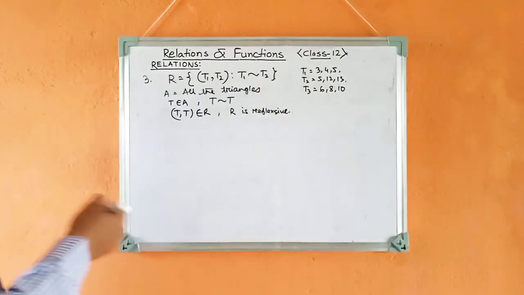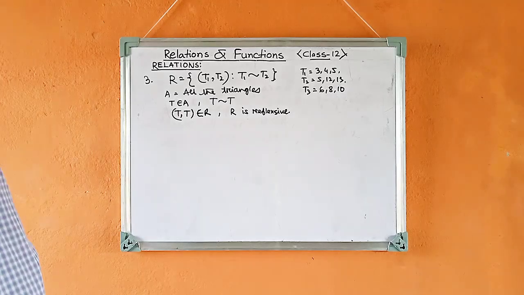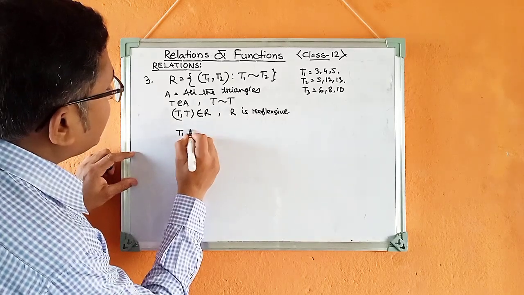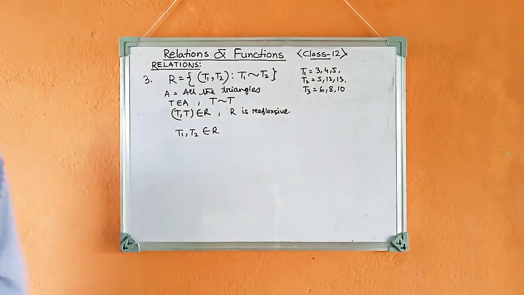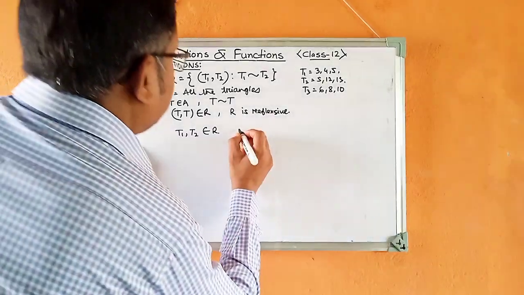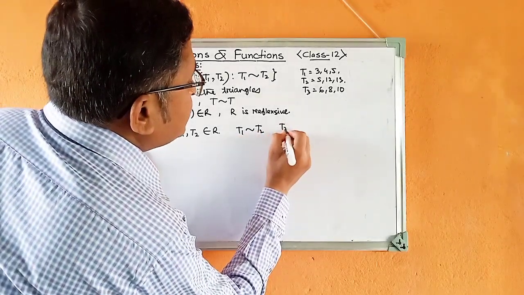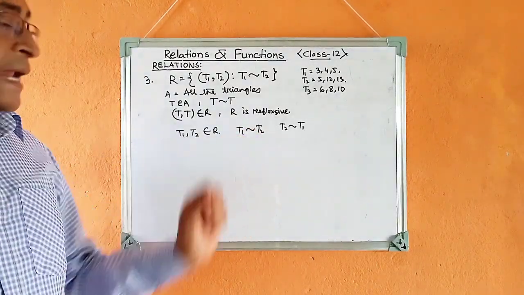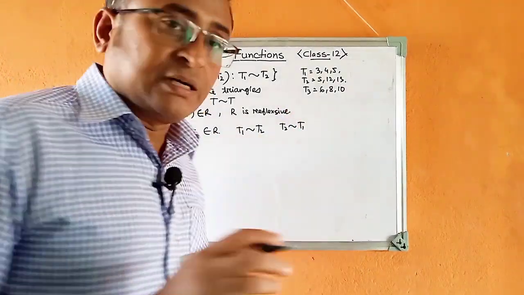Next, part 2. First we proved reflexive. Now the second one is symmetric. See, T1 and T2 both are triangles in A, and T1 comma T2 is in relation R. Listen carefully. T1 is similar to T2, given. Now T2 is similar to T1 as well. Clear? Triangle 1 is similar to triangle 2, so triangle 2 is similar to triangle 1.